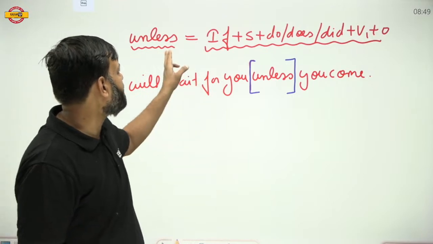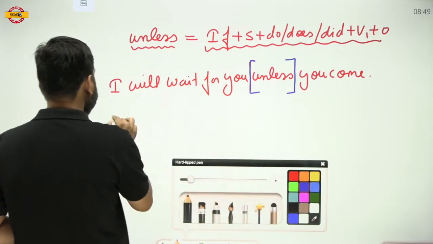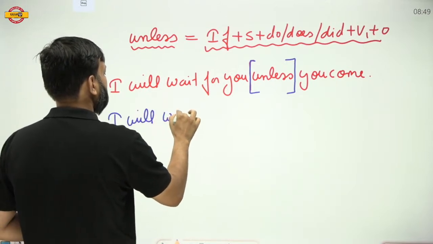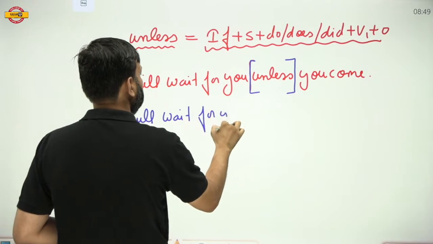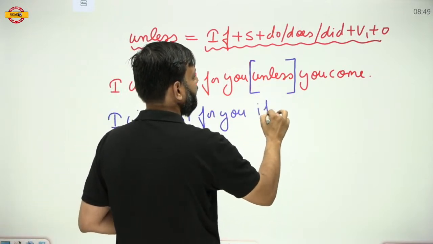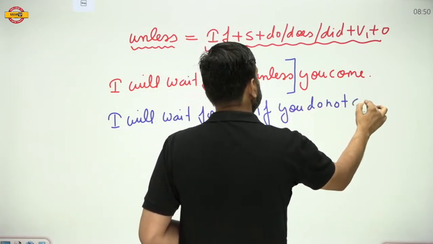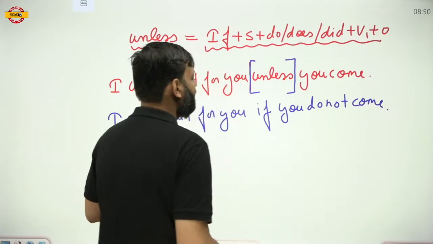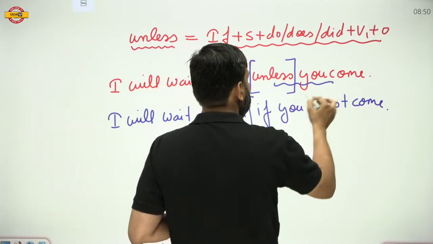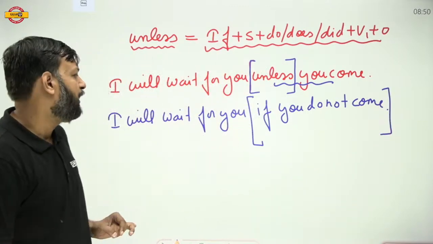Now try to change unless into an if clause. So I change the word unless into if you do not come. What I have done here is just change the unless clause into an if clause.